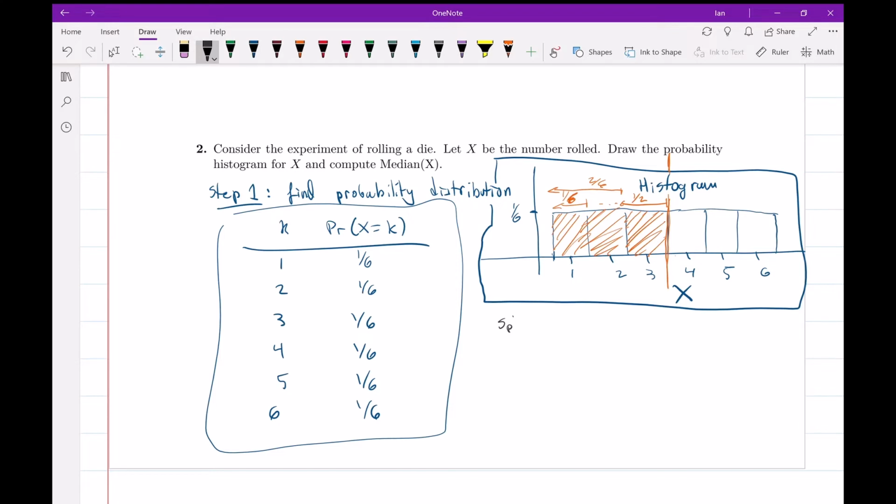Splitting right between 3 and 4, we have exactly 50% on each side. So we have two middle values, 3 and 4.